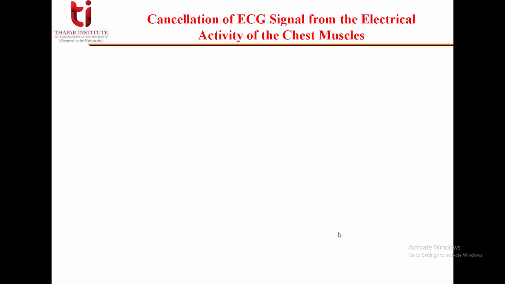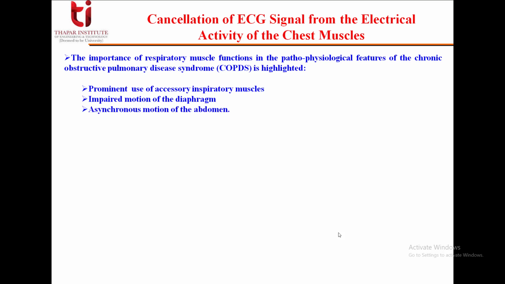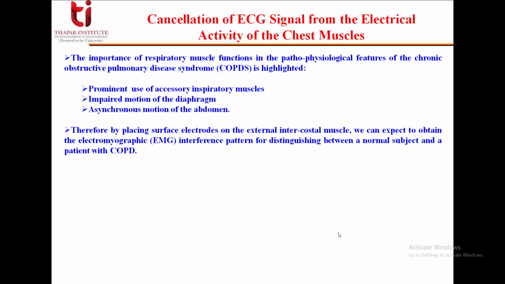Now next is the cancellation of the ECG signal from the electrical activity of the chest muscles. The importance of respiratory muscle functions in the pathophysiological features of the chronic obstructive pulmonary disease syndrome, that is COPDS, is highlighted. The prominent use of accessory inspiratory muscles, impaired motion of the diaphragm, asynchronous motion of the abdomen.